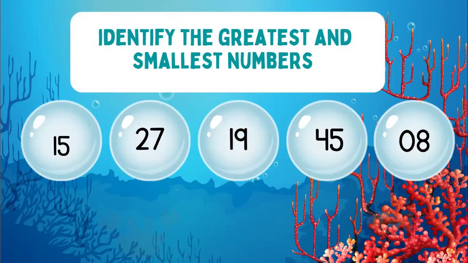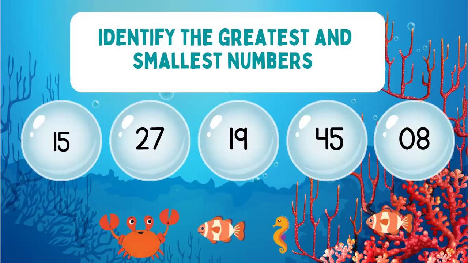Here's another one. Ooh, this is a little tricky. Let's see. Okay, let's move on to the slide. 45 and 8. If you chose 8 as the smallest number and 45 as the largest, then good job, my friend, because you are correct.